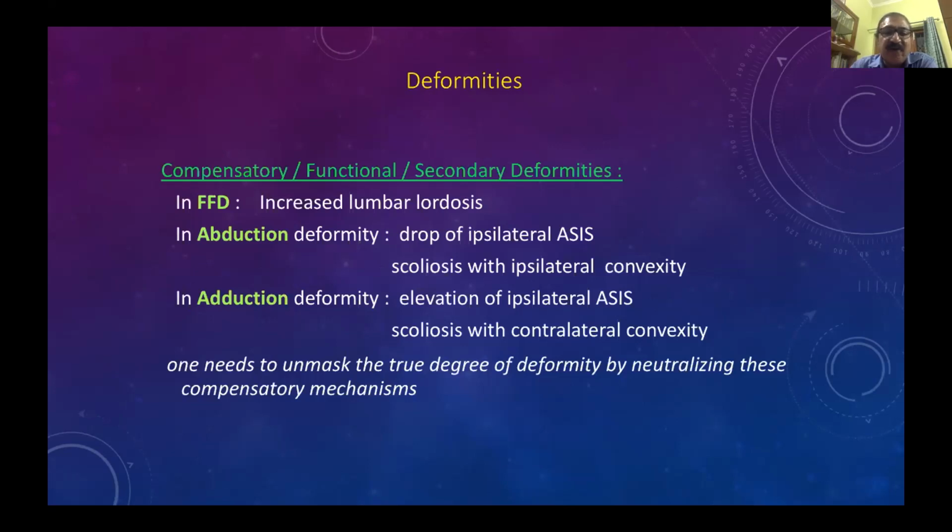In adduction deformity, there is elevation of the ipsilateral anterior superior iliac spine and scoliosis with contralateral convexity. If you want to measure the exact amount of deformity, one must unmask the true degree of deformity by neutralizing these compensatory mechanisms. That is the basis of assessing deformities in hip joint disease.